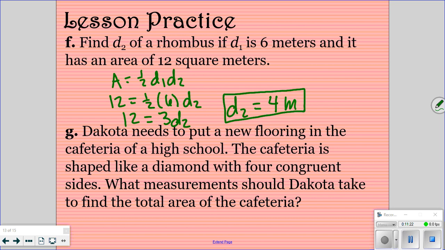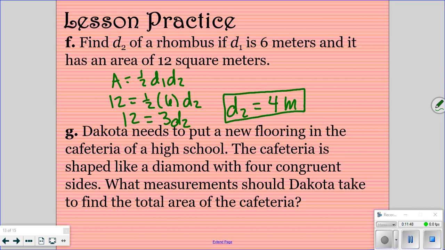Okay? For this last one, the measurement that Dakota needs to find the total area of the cafeteria. Since it's a diamond, that's the same thing as a rhombus. So he just needs the diagonals of the cafeteria to be able to find the area.